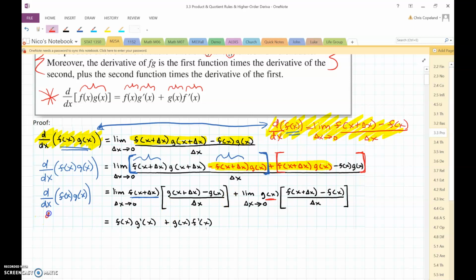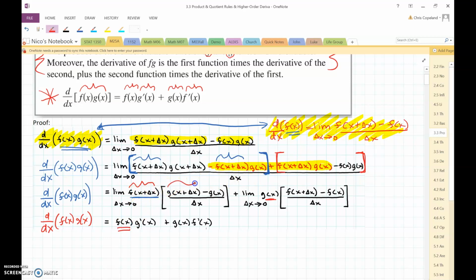Now step 4. Now I'm just going to evaluate the limit. So as delta x goes to 0, this part of the limit here is just going to become f of x, because delta x is going to go to 0.